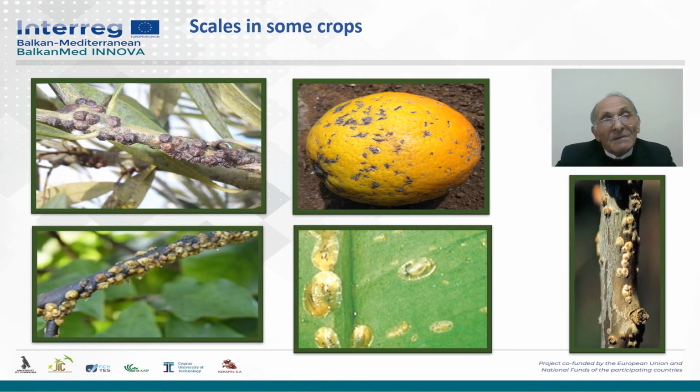But we can mention the scales and aphids or spider mite are secondary pests. If we misuse the plant protection products, we will have problems from the scales.